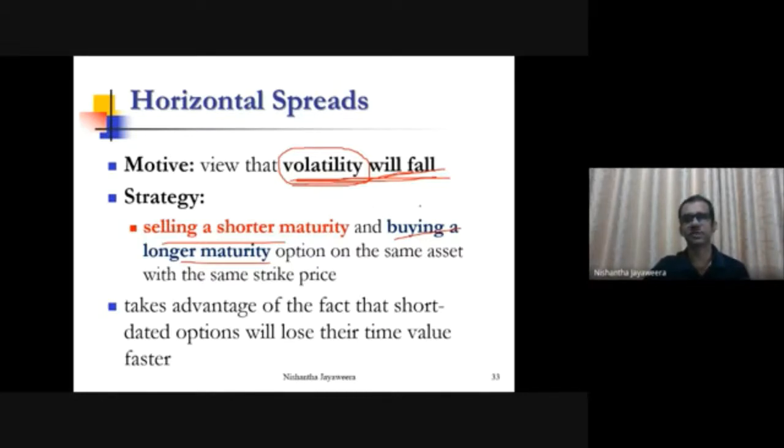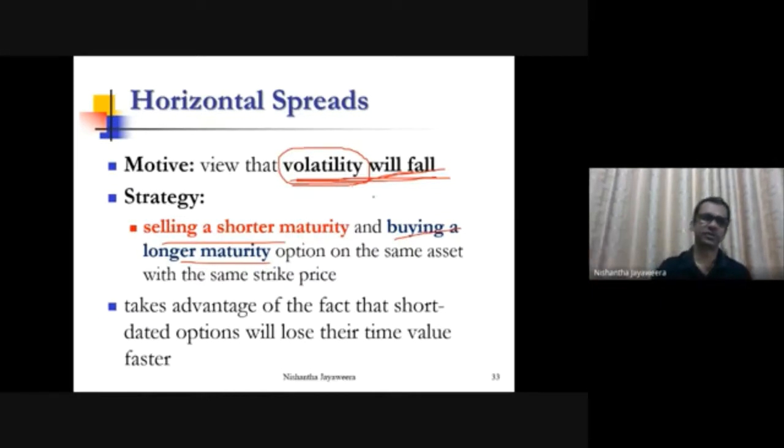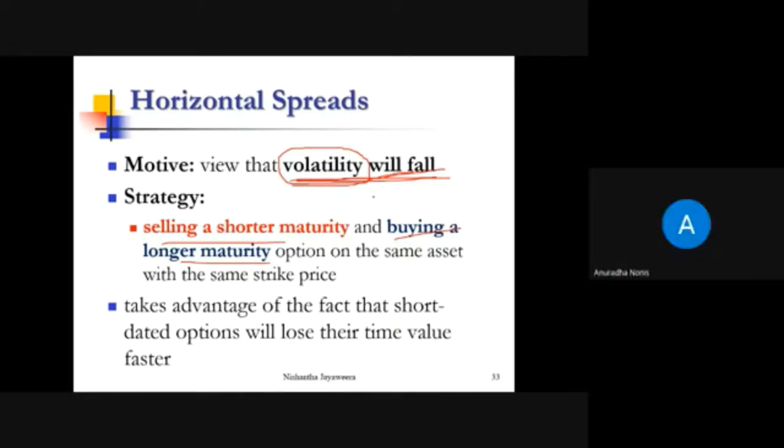Otherwise, you could have done only 1 transaction, sell a short maturity or buy a long maturity. Then you expose both to volatility and the price of the underlying. Once you do this combination, you get exposure only to volatility, because that is your call. You speculate or you expect future volatility to change.